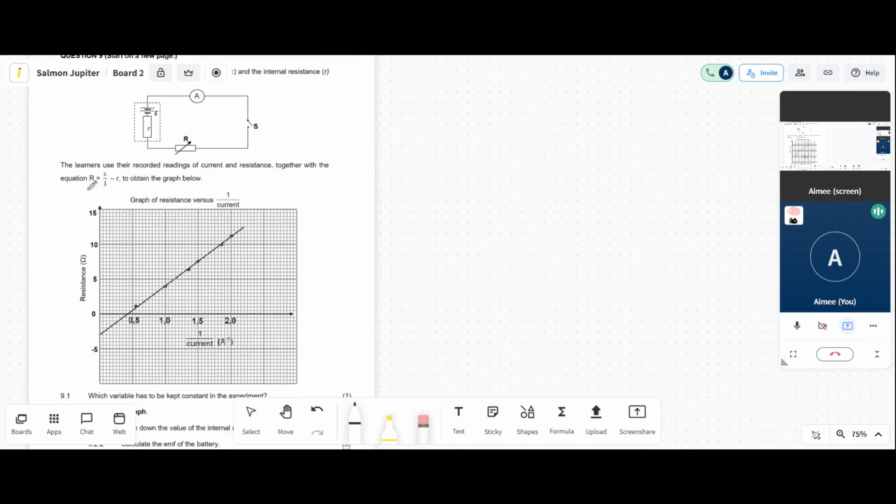You can see that this formula kind of looks like the formula of a straight line graph. Not exactly: R is equal to E over I minus r.